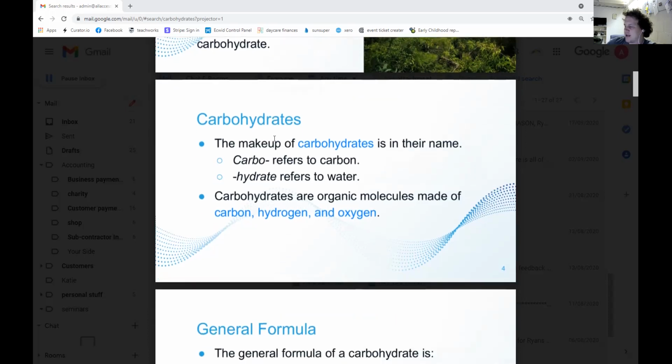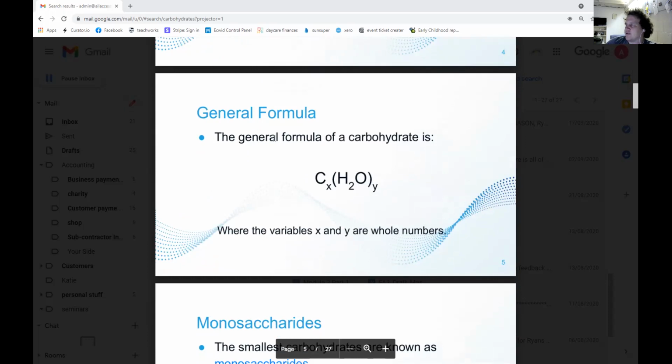Again, most things in organic chemistry are fairly logical. So, general formula, and definitely write down, you've got H2 and then you've got whole numbers of C and H2O as well.